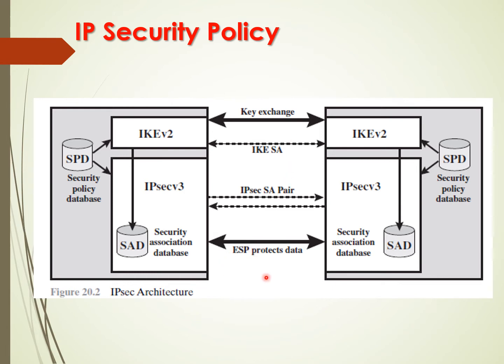Also, ESP protects the data. We know what ESP is, right? Encapsulating Security Payload. It protects the data that we need to send from sender to receiver. So this is what the IP architecture says about IP security policy.